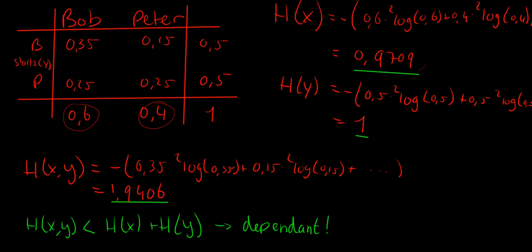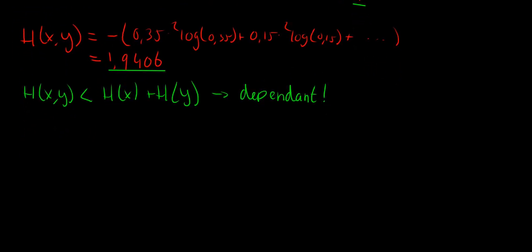So now let's say we know Y, we know the outcome of who starts. How does our uncertainty change? Let's first look at the conditional entropy formula. This is almost the same as the formula you would expect.